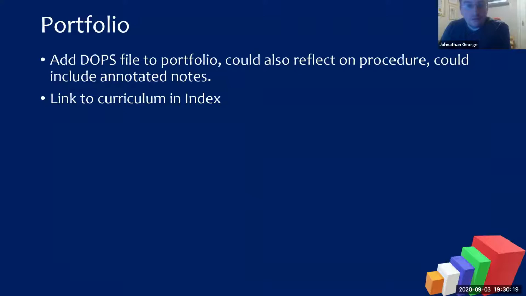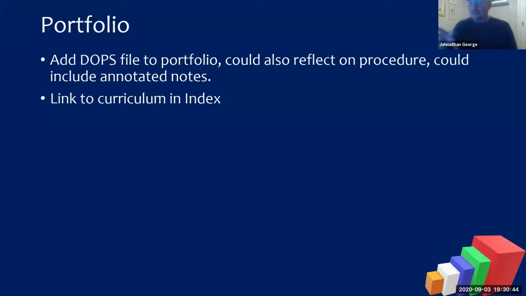So when you put something into your portfolio, you can also add reflections on anything that you've done. That can provide further evidence that you've reflected and done further reading. So if you've done the procedure, you've got a DOPS, you could also do a reflection that you can also keep for your NMC portfolio. You can keep copies of annotated notes that we've covered in previous sessions.